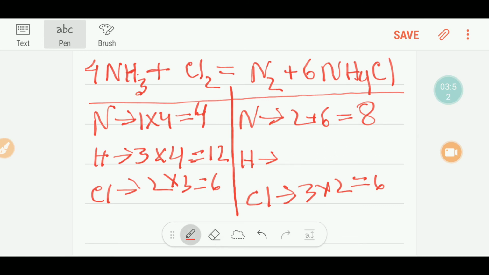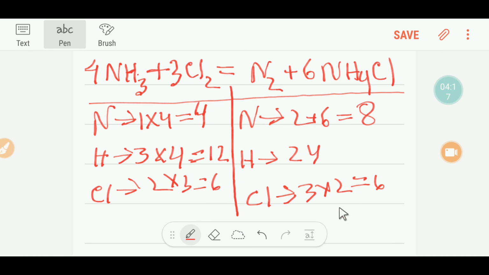Totally you are getting here 24 hydrogen, and here you are getting 6 chlorine, that we have already taken. However, if you place here these 3, then these 3 must come before this chlorine that is here, so you have to put here 3, right?